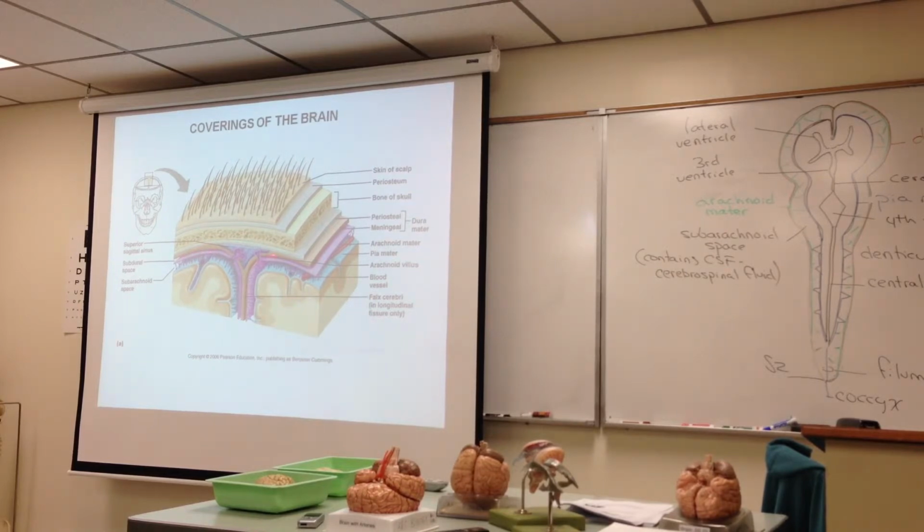You'll notice that the dura mater is split right here, and bulging into the split in the dura mater is the fold of arachnoid mater. This split in the dura mater is identified as a sinus.